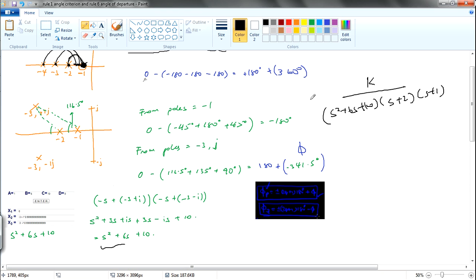And this portion here, if you were to expand it, you will become this form over here.